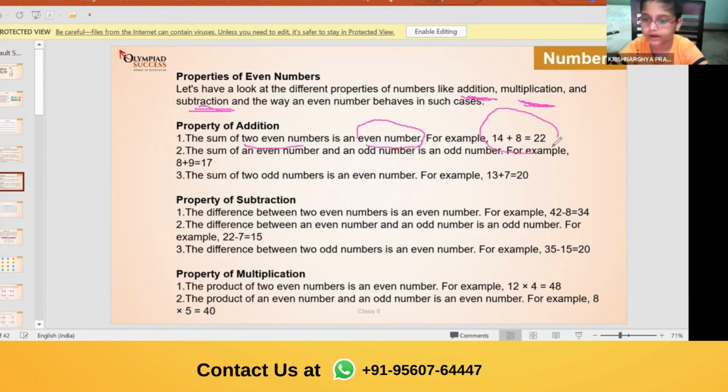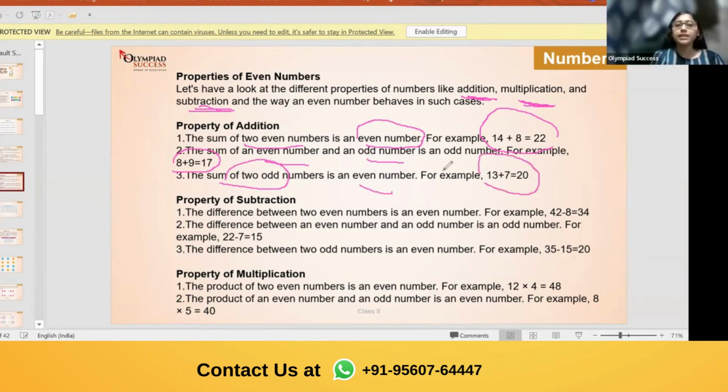The sum of an even number and an odd number is an odd number. For example, 8 plus 9 is equal to 17. The sum of two odd numbers is an even number. For example, 13 plus 7 is equal to 20.